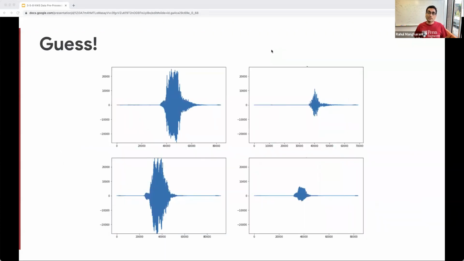If I show you this figure, do you know what the words are? Well, you couldn't possibly know. But can you tell us something interesting here? Well, the bottom two are effectively the "no" from the previous slide, and the top ones are "yes." And again, I'm trying to make a critical point here: the same word can look totally different in its raw format.